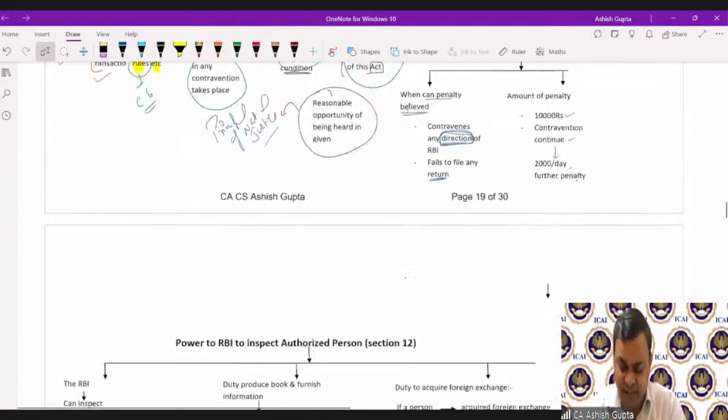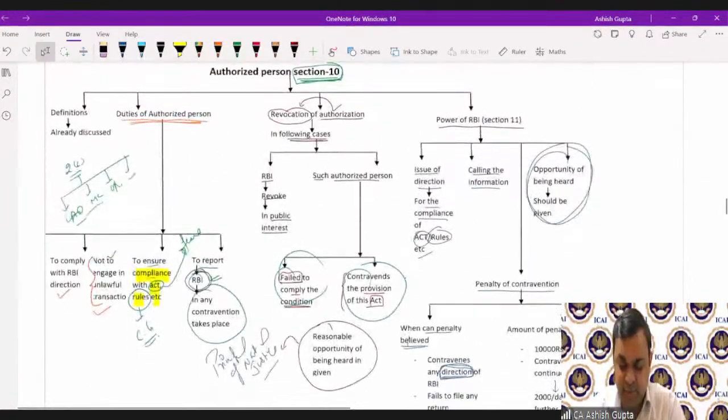I think section 10 is clear. Section 10 talks about three topics. First is duties of authorized person, 4 points. Second is revocation, 3 points. Third is power of RBI, again 3 points, with the penalty part also.